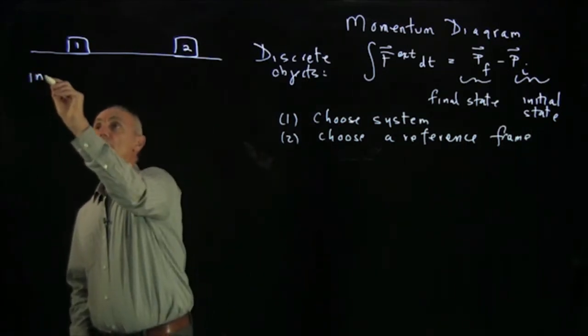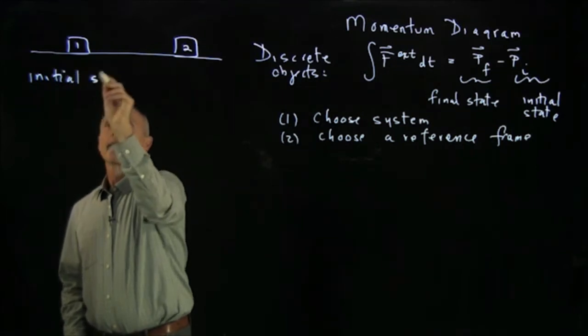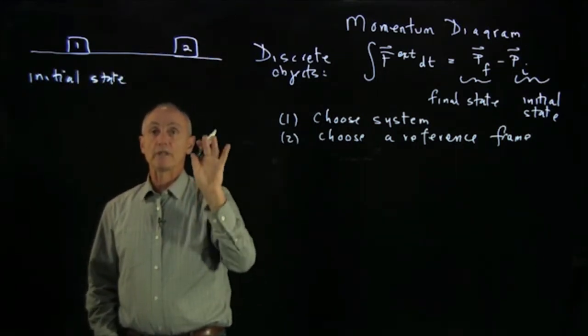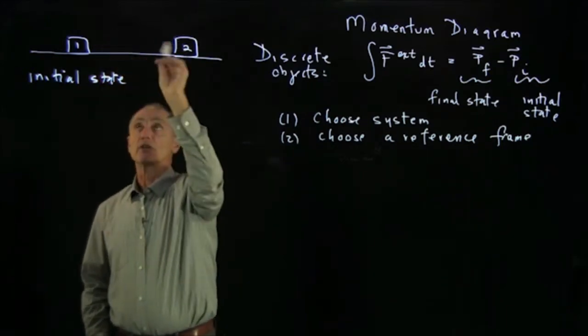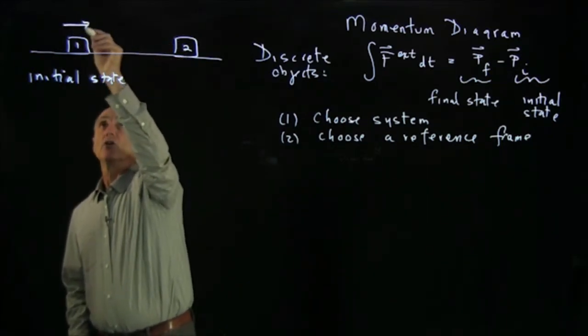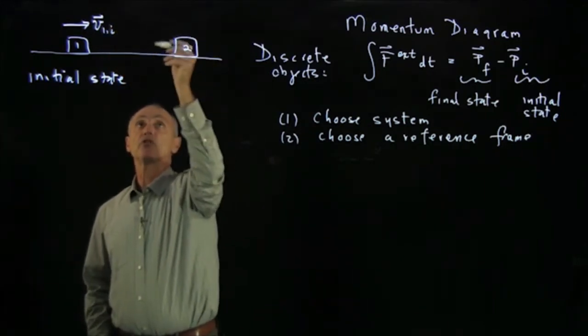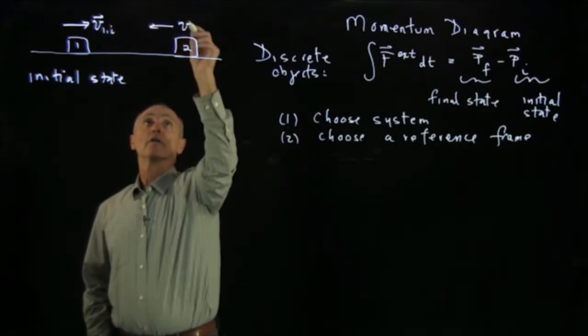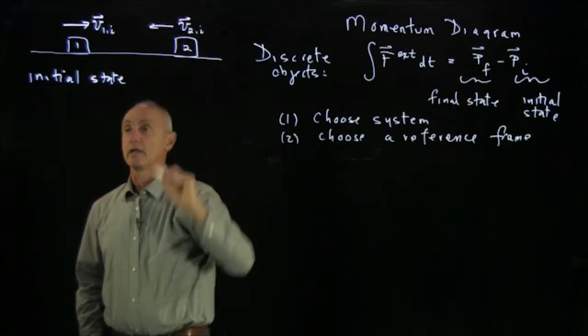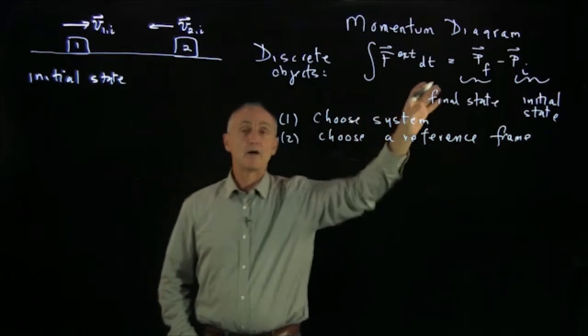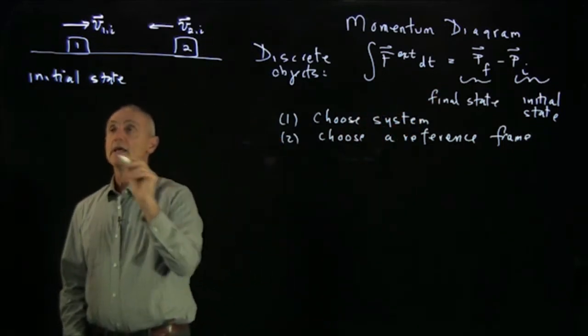Now, what we'd like to do is identify two states. For our initial state, if we're given some initial conditions, we represent each object with a velocity vector. Here we'll write v1 initial, and let's suppose this object is coming at it with v2 initial as an example. Once we've represented the velocities of the objects, we can write down their momentum in the initial state.